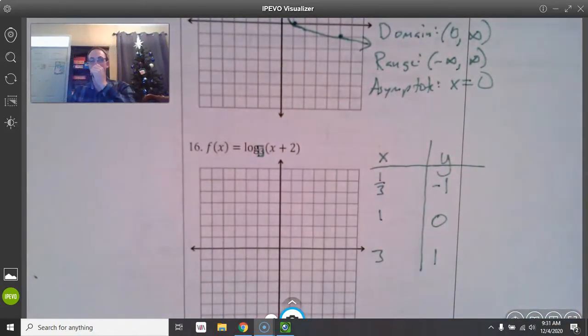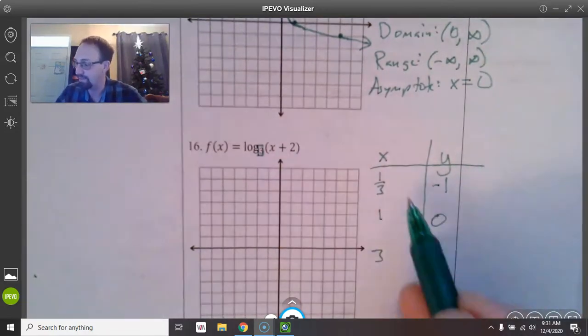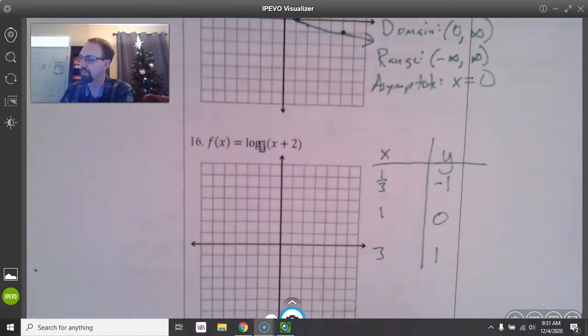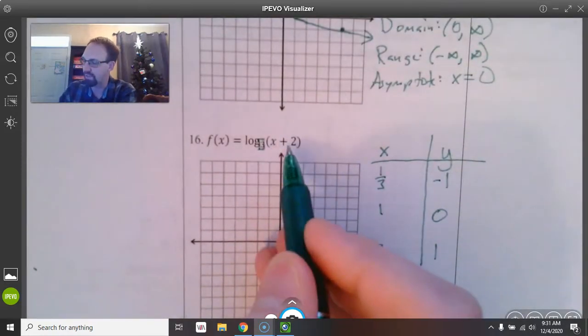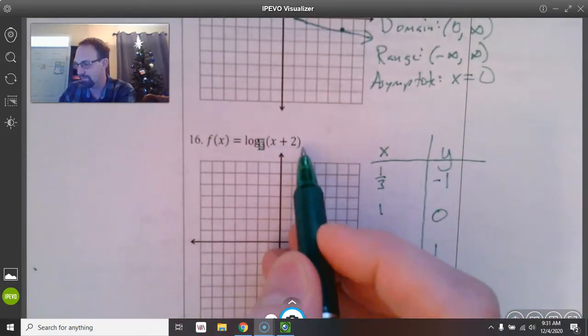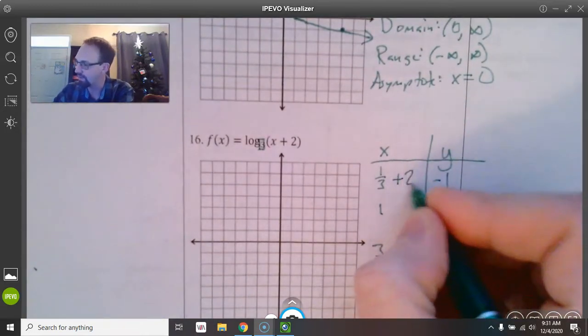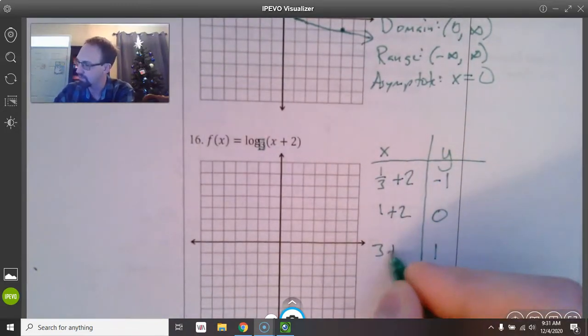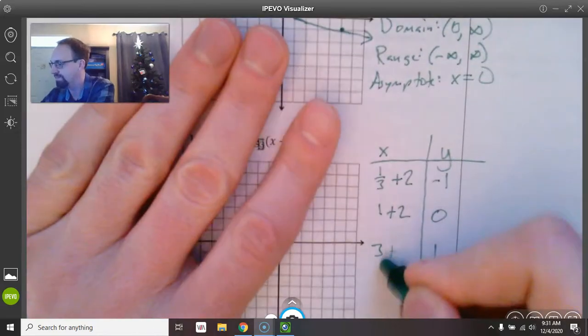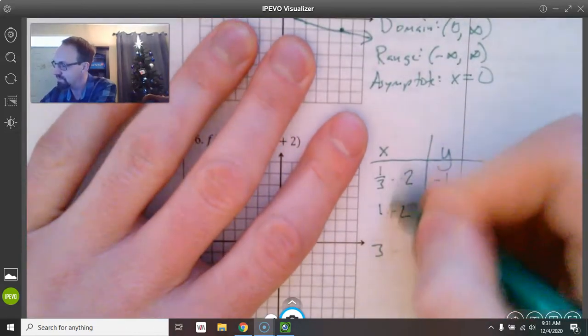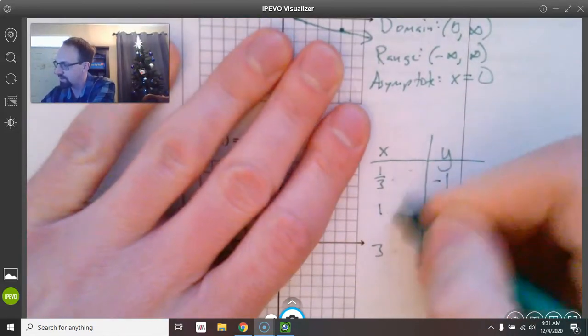This +2 tells you how you're going to modify your x value here as well. So what does the +2 mean? Does the +2 mean you go left 2? Does it mean you go right 2? If I add 2 to my x values here for each of these, oh, I said I was going to use a different color to showcase that.